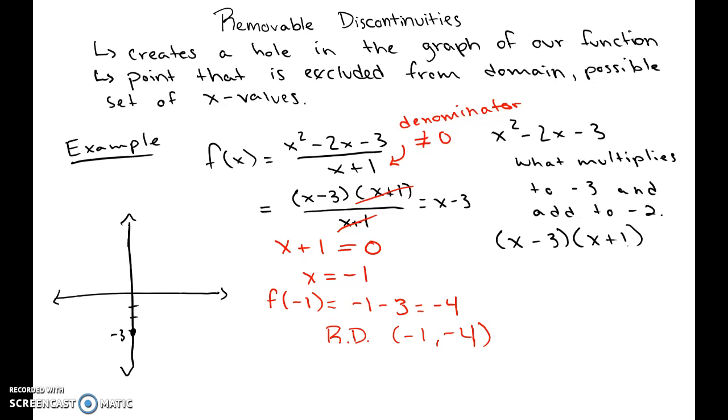Then my slope is 1, so I'm going to go right 1, up 1. And then I have my hole at negative 1, negative 4.